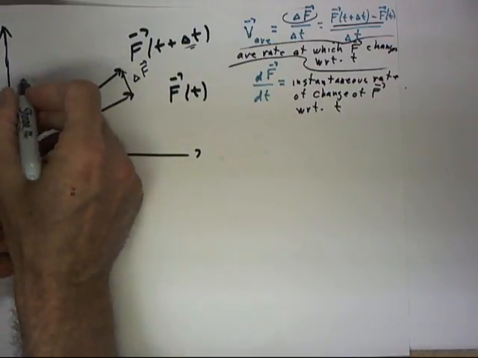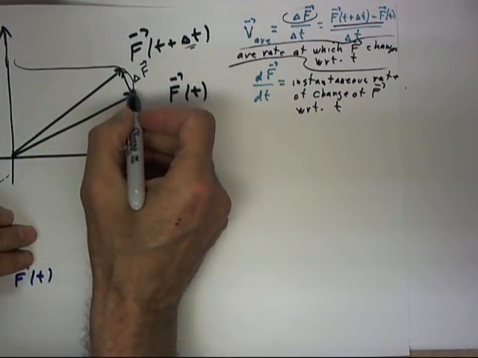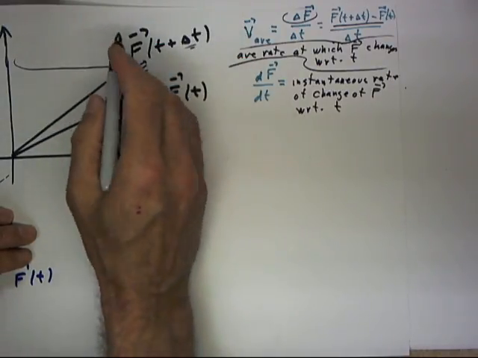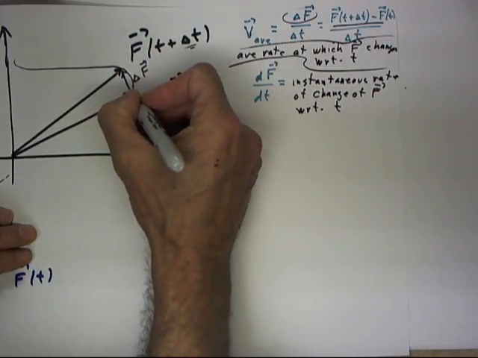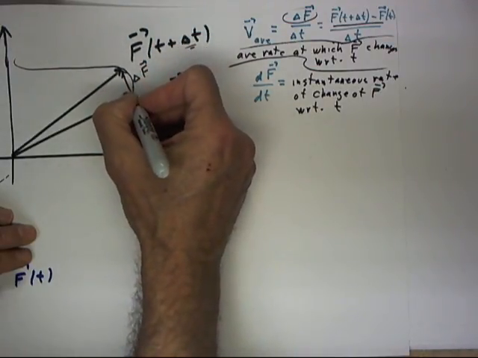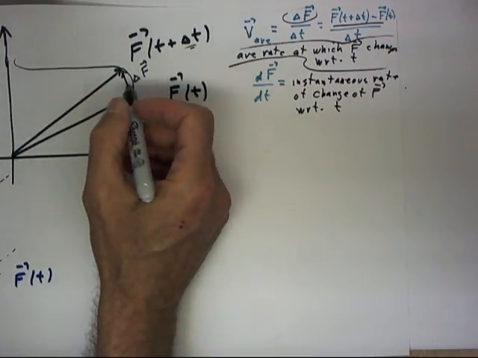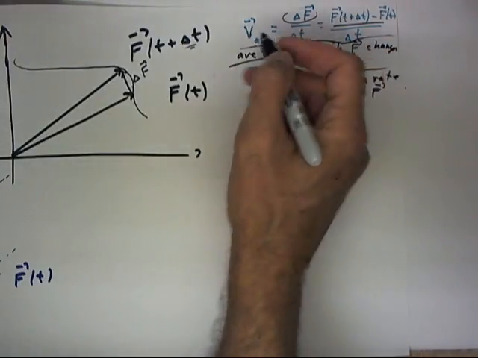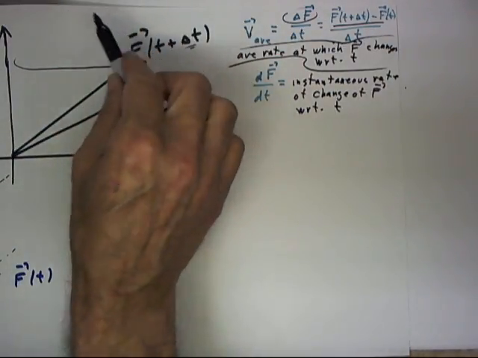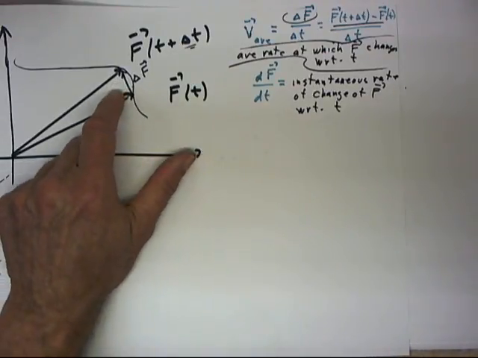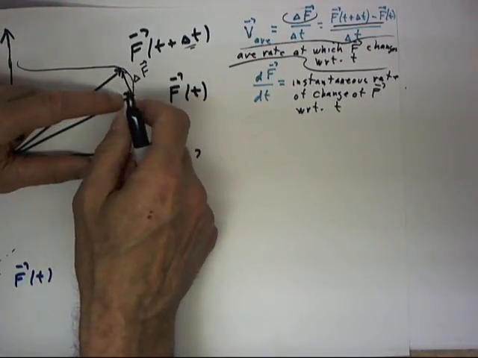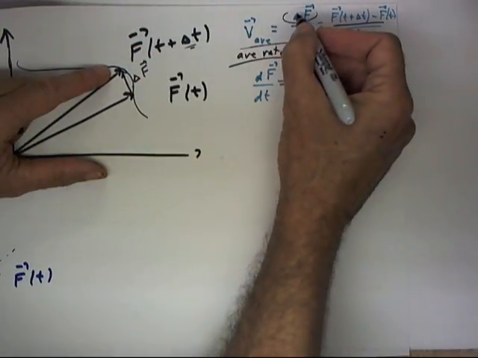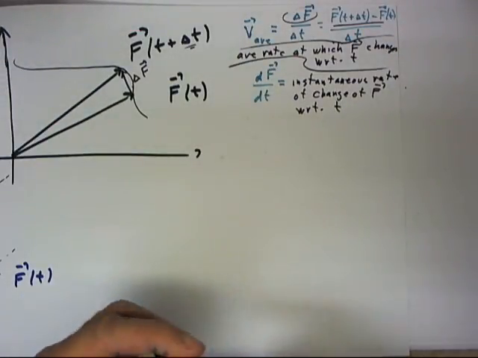So, for example, if the curve looks like this, if we choose a smaller increment, then the direction from this point to the other point of the curve is going to change somewhat. If we're using very small values of delta t, of course, the path will eventually appear pretty much straight between these points. And we'll be approaching the instantaneous velocity at this point, which is the limit as we get closer and closer to this point of the change in f divided by the change in t.